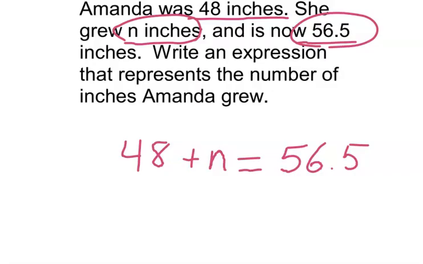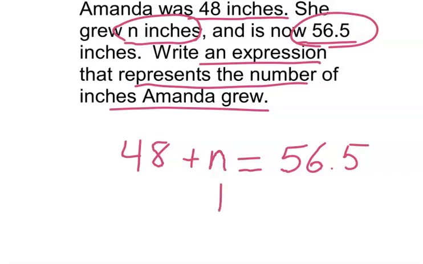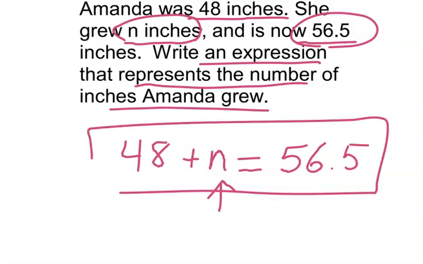So did we do it? It says write an expression that represents the number of inches Amanda grew. Yeah, we did. Because once we find out what n is, that's how many inches she grew. 48 plus what will give you 56.5. When you have that answer, that's how much she grew. So write the expression. We did it.